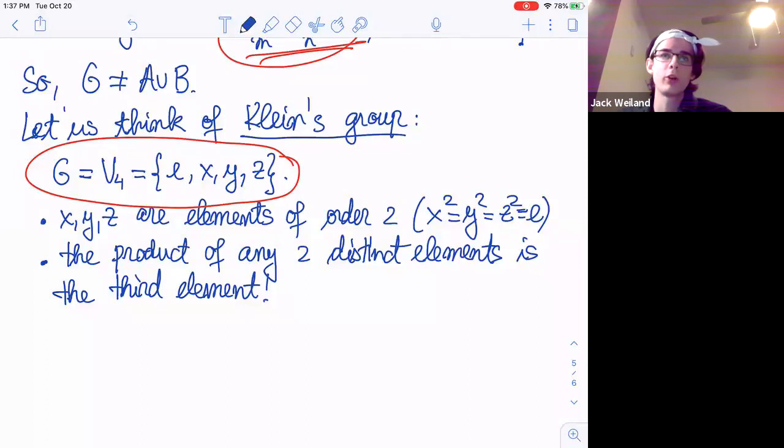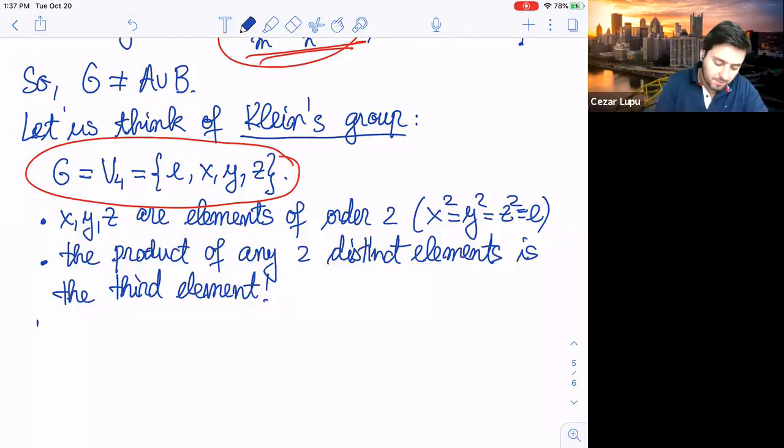Would it be the one generated by x, the one generated by y, and the one generated by z? Exactly. So we can take the subgroups.